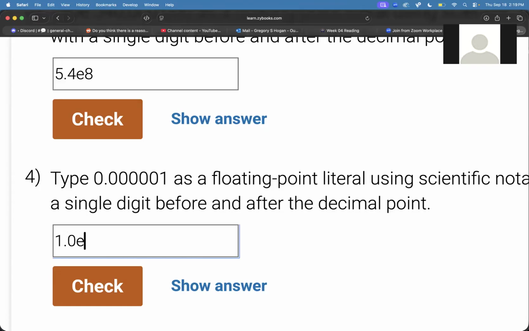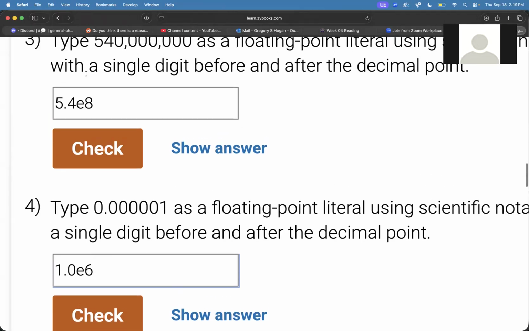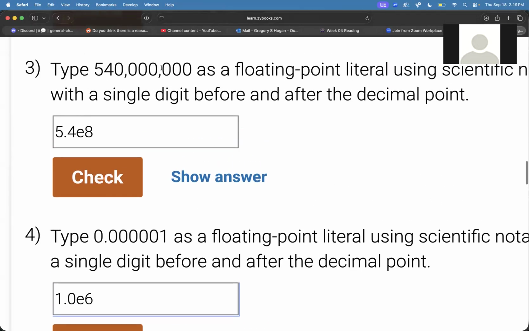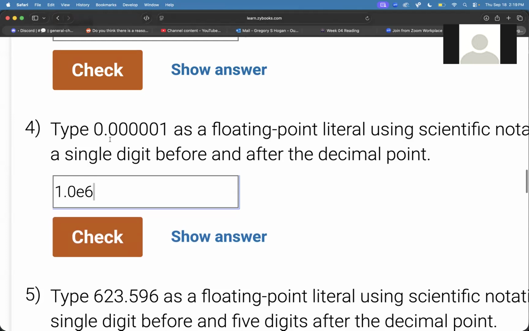And then for the E part, we moved it 6 decimal places, but it wouldn't be 6 because remember, if you put a positive number, that's for big numbers that are more than one. If you have a small fraction like this, we move the decimal place the other way, so it would be a -6. So this is 1.0 times 10 to the -6.